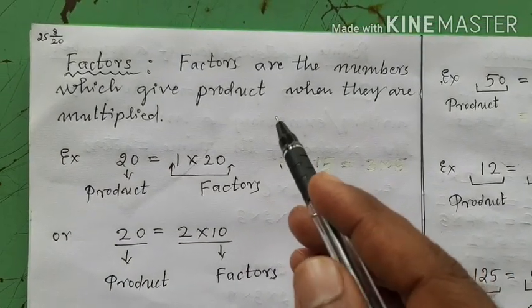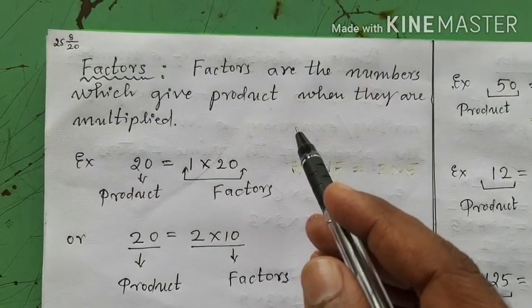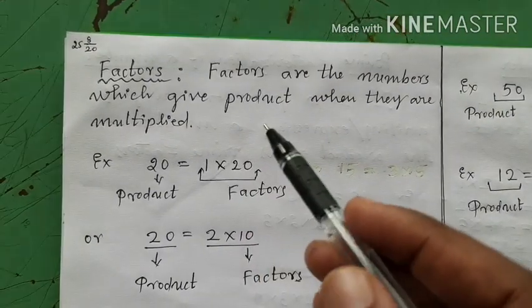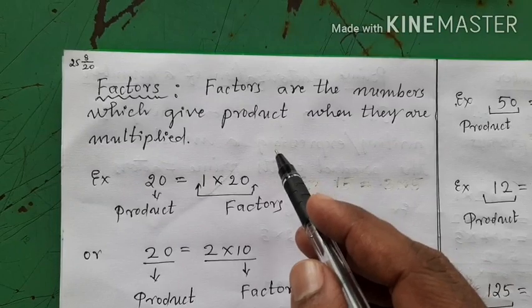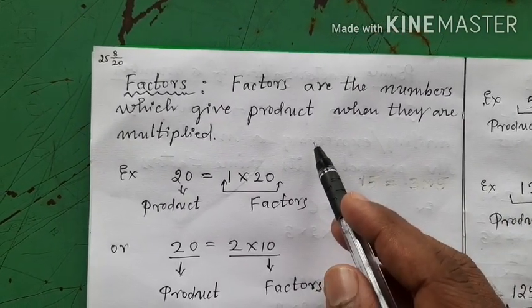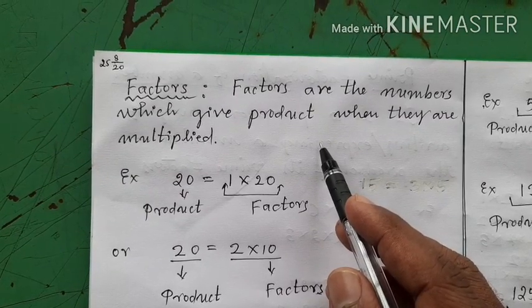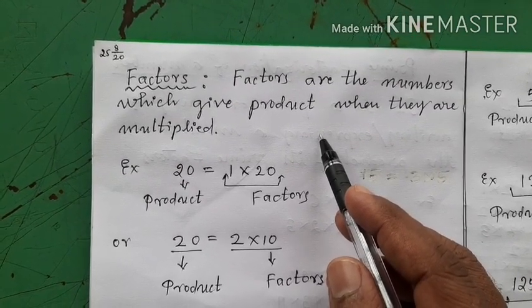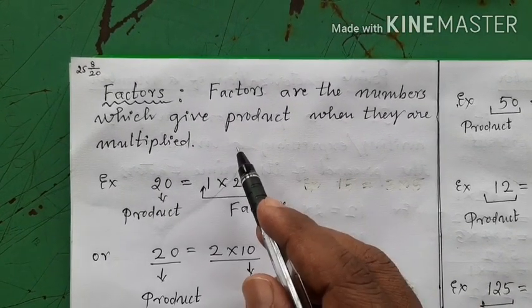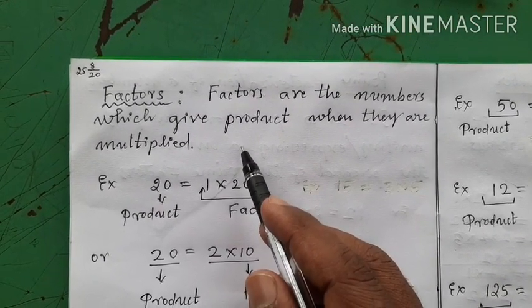In our previous classes, we have learned about factor of a number. Factor means it is a number which divides another number exactly and leaves the remainder 0. But today we can learn one more definition for factors of a number.